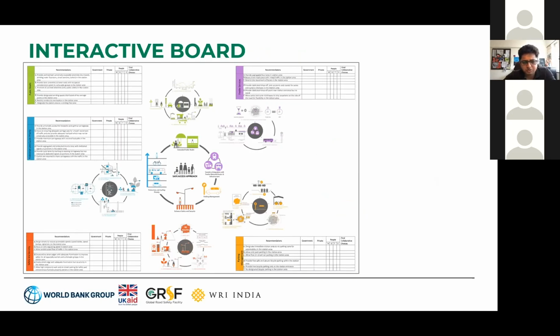Usually this is done as a physical workshop where we print this out as bigger sheets, and the groups get to sit across the table and discuss. This is the first time we are exploring a virtual medium, so it will be interesting to know how these discussions pan out. So this particular board indicates the overall picture of what happens in the activity. Next slide, Abhishek.